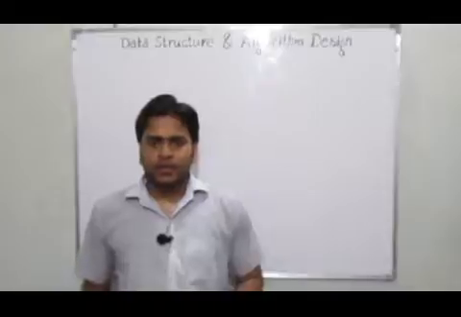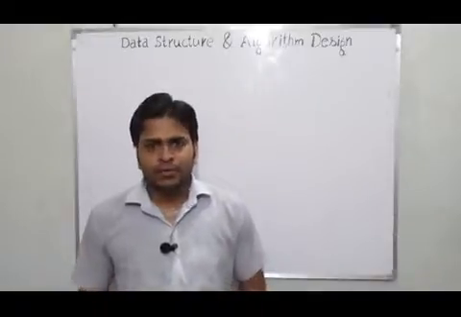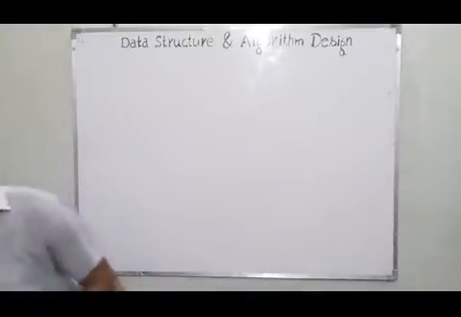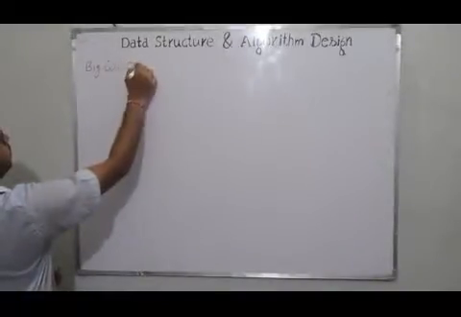Let us begin with big omega asymptotic notation.